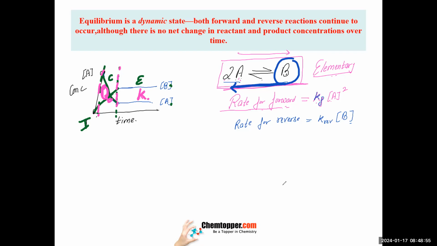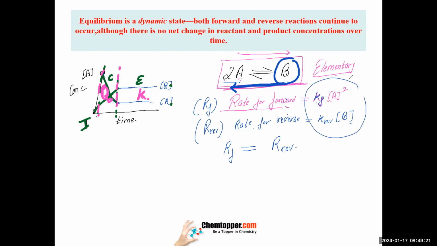Now, at the time of equilibrium, what happens? These two rates are equal. So, the rate for the forward direction, I'm writing this as RF in short form, and this as RREV. The rate of the forward direction is the rate of the reverse direction, right?